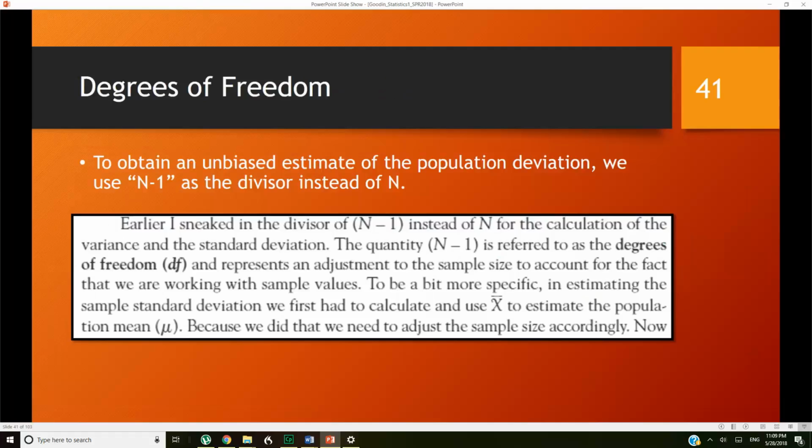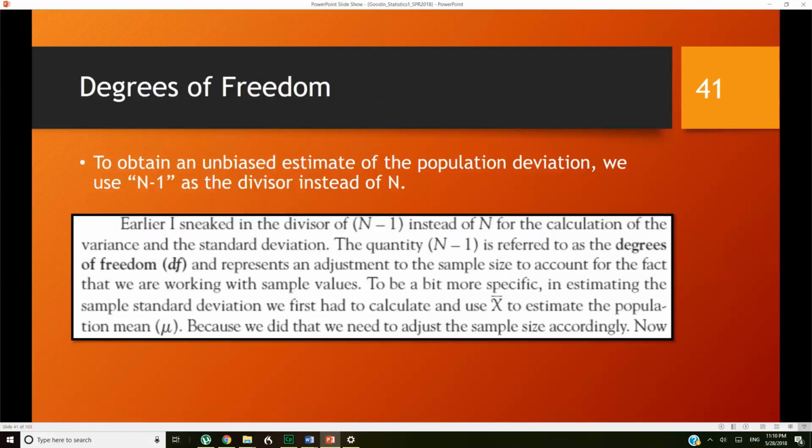Here we see a clip from the book. Earlier, I used the divisor of n minus 1 instead of n for the calculation of the variance and the standard deviation. The quantity n minus 1 is referred to as the degrees of freedom and represents an adjustment to the sample size to account for the fact that we are working with sample values.